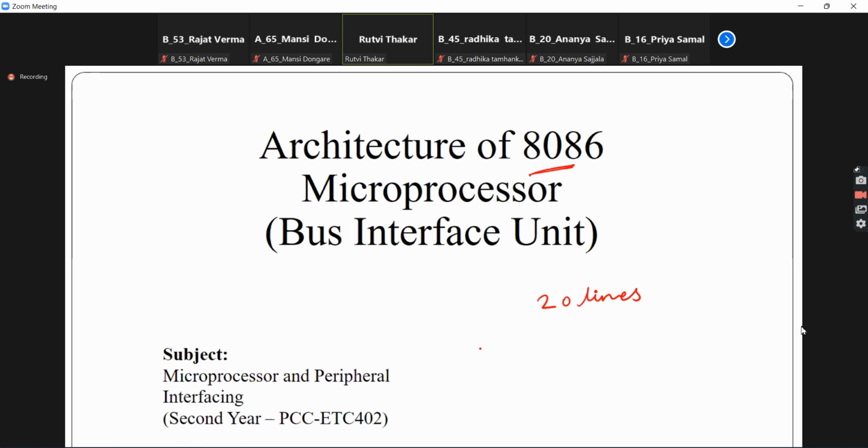That relation is: memory equals 2 raised to n, where n is the number of address lines. So this will give me 2 raised to 20. Quickly, can anyone calculate 2 raised to 20? 1048576.